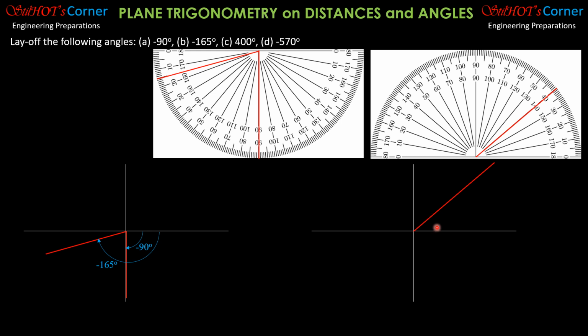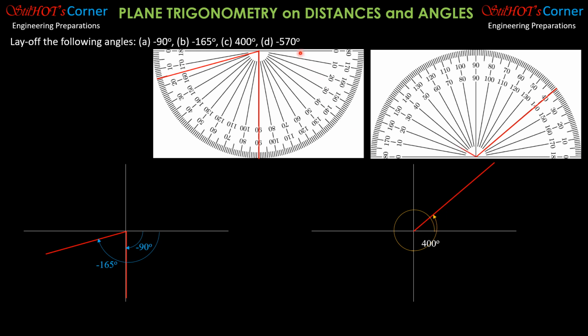So this is 40 degrees, but from the positive x-axis, we have 360 degrees plus 40 degrees, so that makes it 400 degrees in counterclockwise direction. So again, the angle that this ray makes with the positive x-axis is 40 degrees, but it has completed one revolution, 360 plus 40, so that makes it 400 degrees.